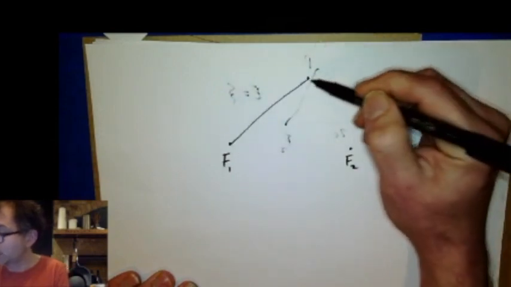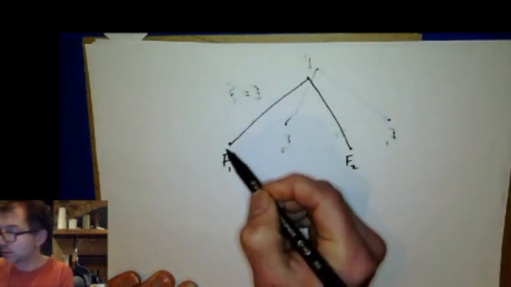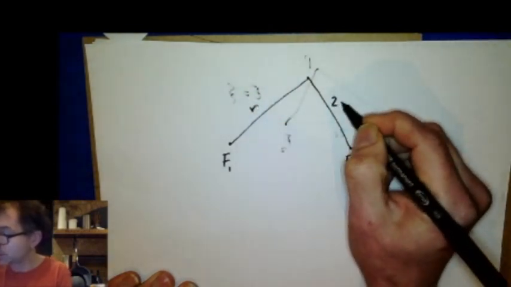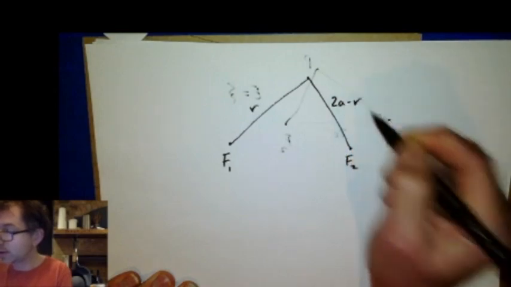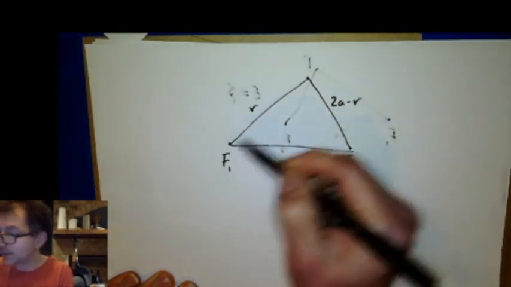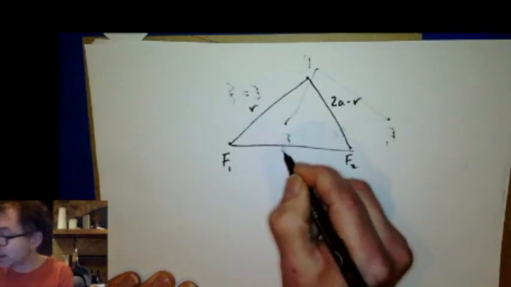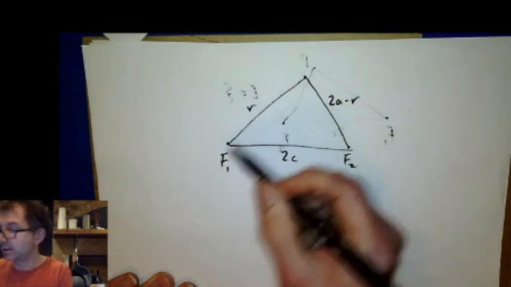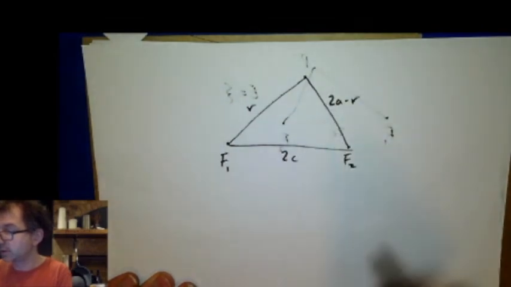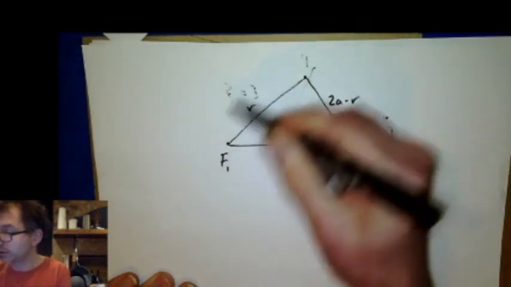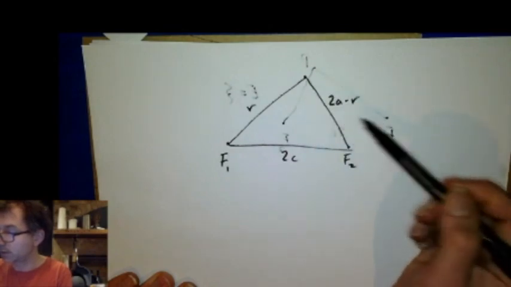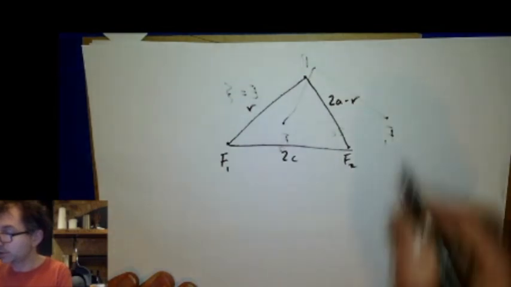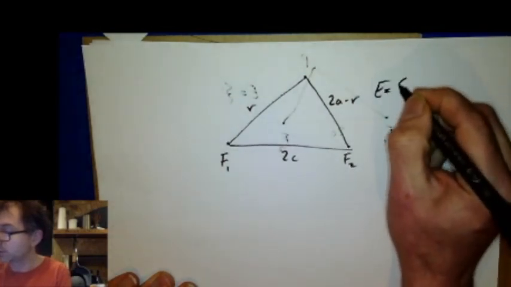So if I let this be r and this be 2a minus r, so that length there is 2a, and I let this be 2c, then that is going to give me all the points that satisfy this, where a is fixed, r is not fixed, but 2c is fixed, gives me the equation of an ellipse.